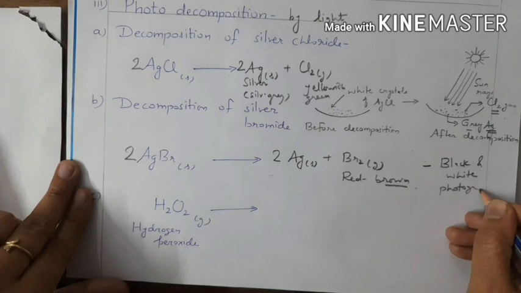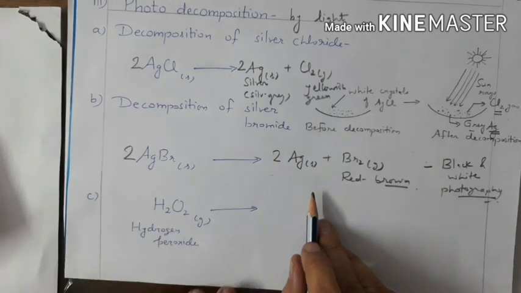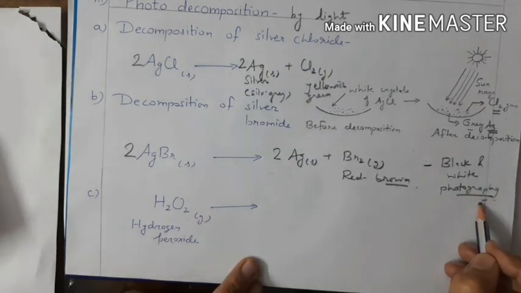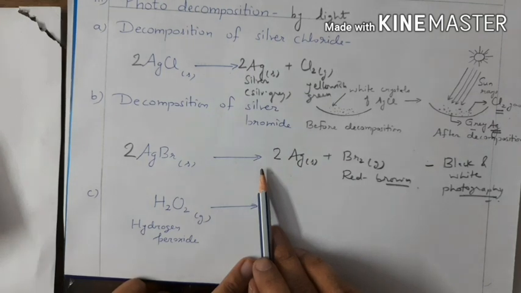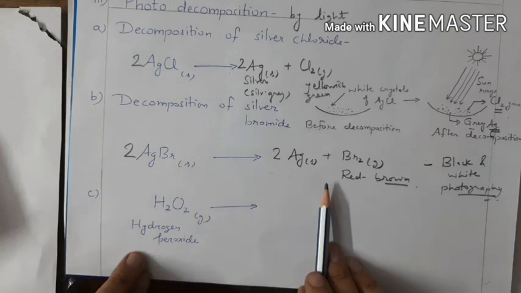Because they show this particular property, they are used in these reactions. Also, when we store these substances, silver chloride and silver bromide, they are kept away from light so that they do not undergo decomposition. They are normally stored in dark colored bottles.